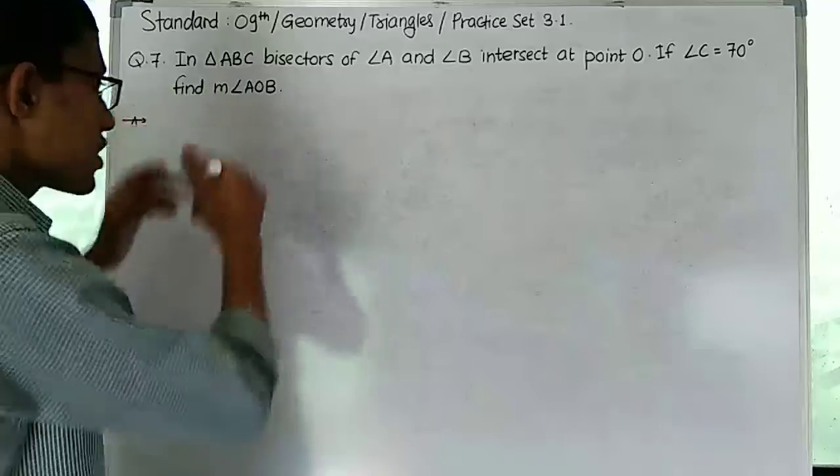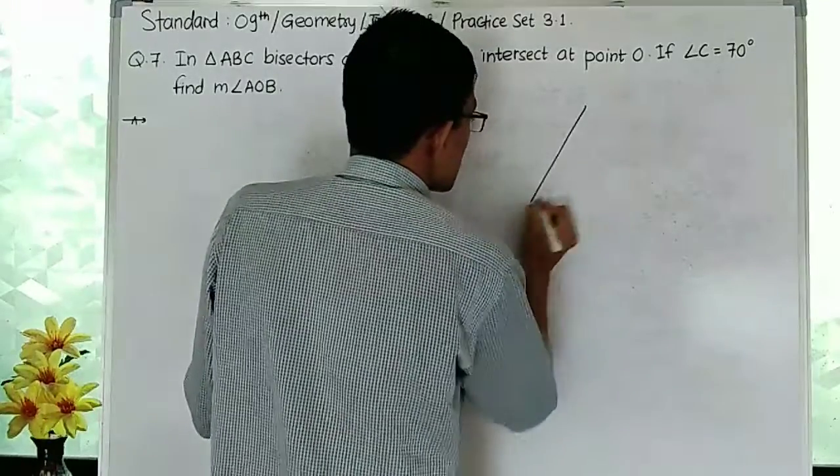Okay, so there is one triangle, that is triangle ABC.